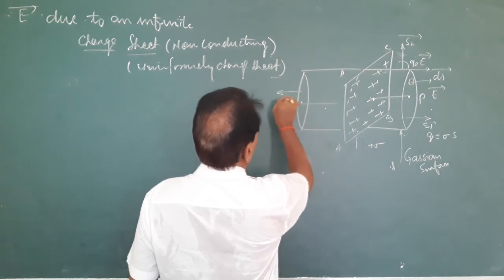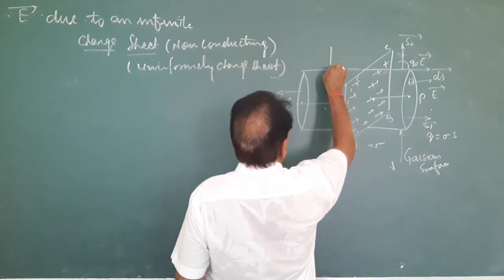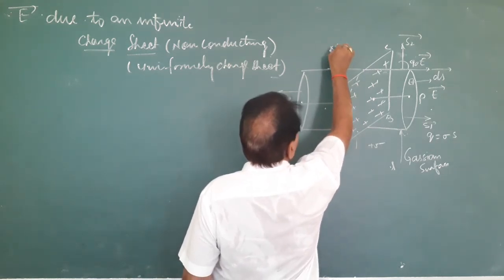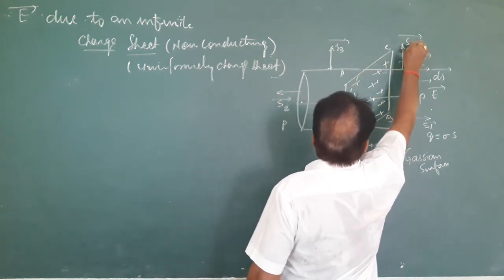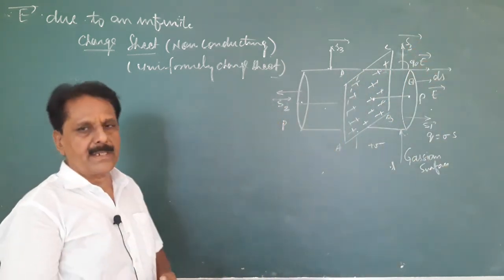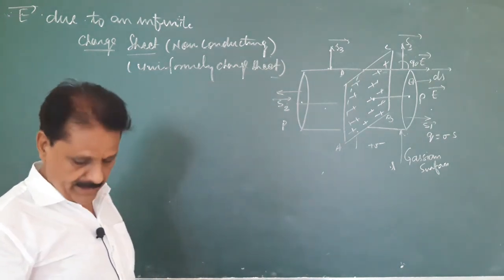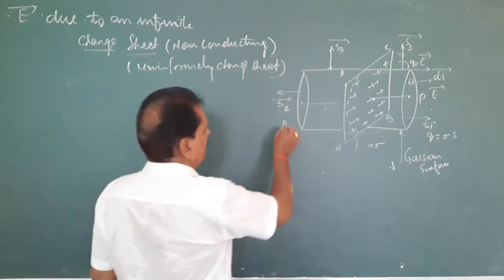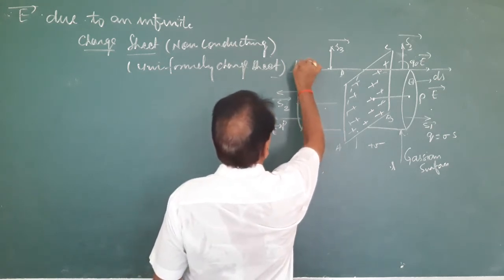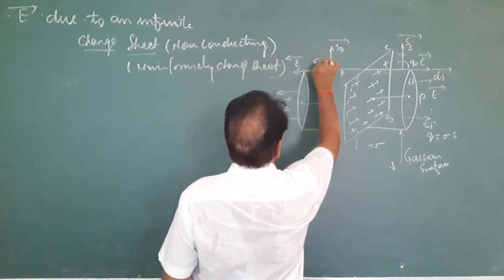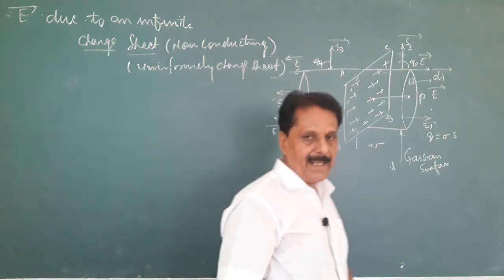So, to find the electric field, we have to construct a Gaussian surface as a cylindrical surface for a uniformly charged sheet, which is shown in the diagram, where the electric field is parallel to S2 and perpendicular to S3. Now similarly we describe the diagram.